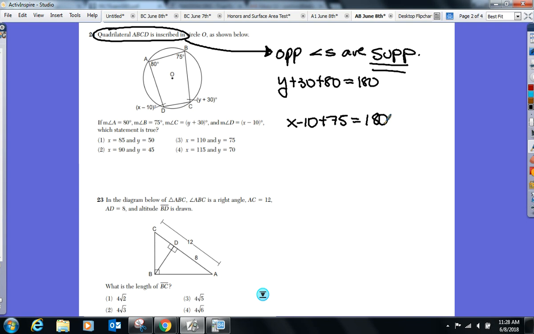And we end up with choice 4. Should have been 4. Why? I got X equals 110 and Y equals 75.